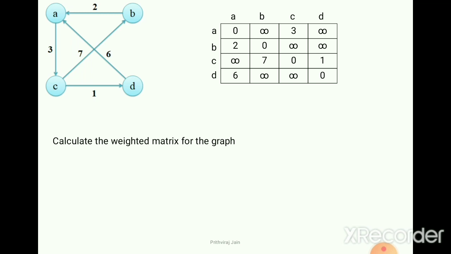From A to A distance is 0, A to B there is no direct edge or direct path, hence we have to make it infinity. From A to C we have a direct edge with the cost 3, so we write down the cost as 3, and from A to D we don't have a direct edge, hence it should be infinity. Similarly for B, C and D.